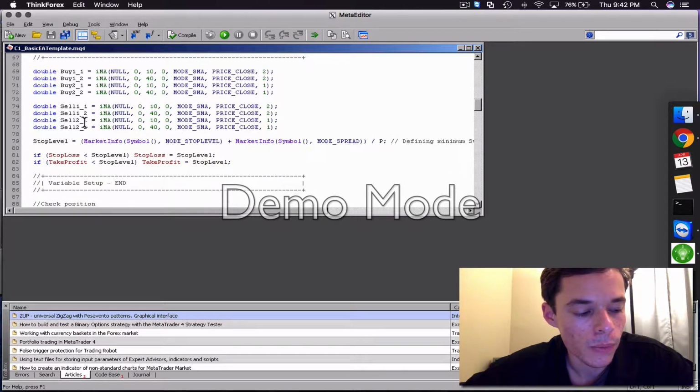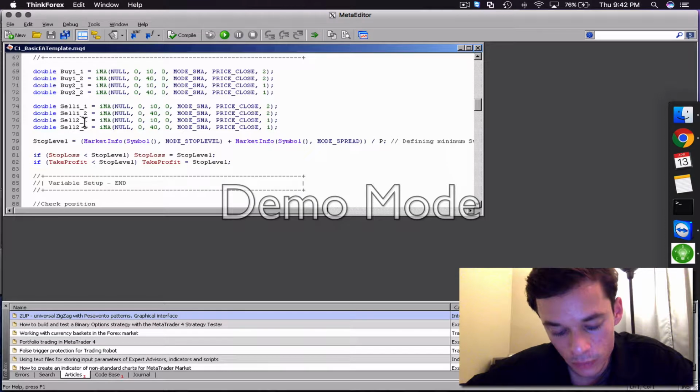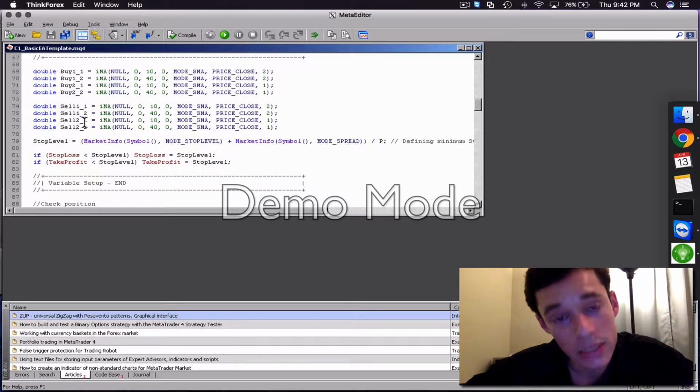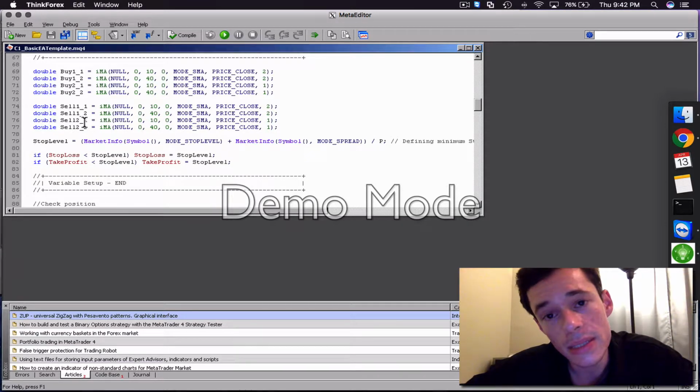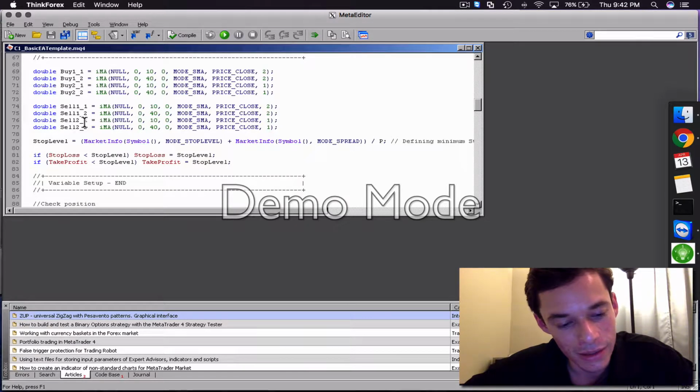And so when it does that, it'll buy. And when the SMA 10 crosses the SMA 40 from the top, that's when this EA, or expert advisor, or algorithmic program will short the trade, which means to sell the currency. And we'll just continuously do that, and we can see how much money it made over time.